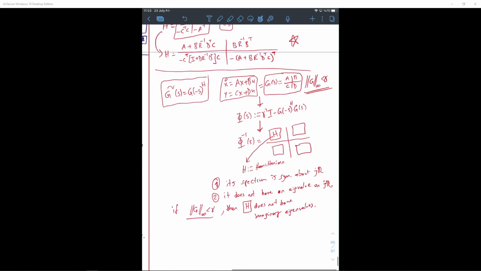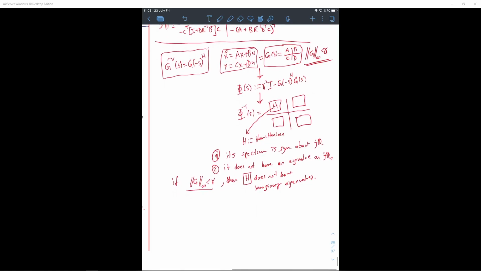And okay, since we mentioned that the Hamiltonian matrix is, not only due to historical reasons or conventions rather, a special matrix in control theory.